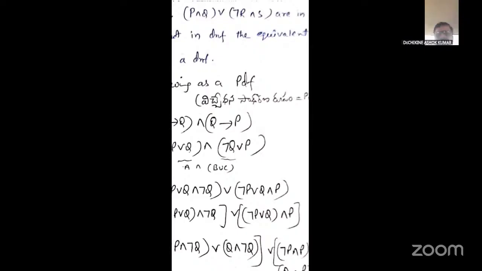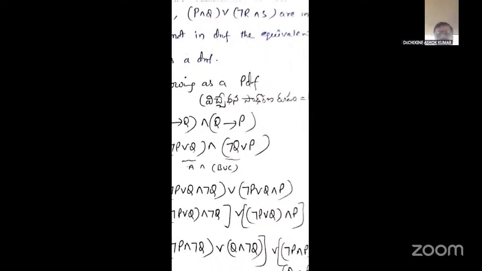See these examples here. I am taking four propositions P, Q, R, S, and I am clubbing them with union, that is summation. All products can be clubbed with summation. See here, P intersection Q: assume this is C1. Negation R intersection S: assume this is C2.